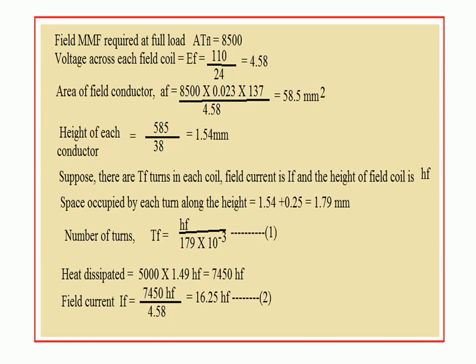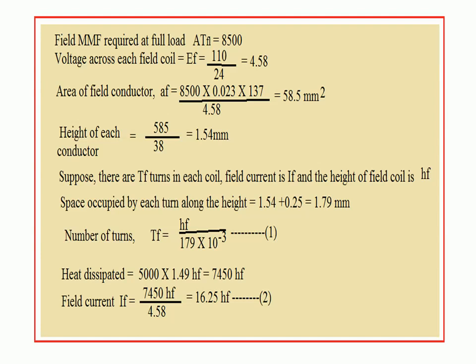Then area of field conductor, by using the relation ATFL resistivity into LMT divided by EF. The formula is there, you remember the step. Then height of each conductor: the area of field conductor should be equal to height of field conductor into depth of field conductor. By using that relation, you can go for that.